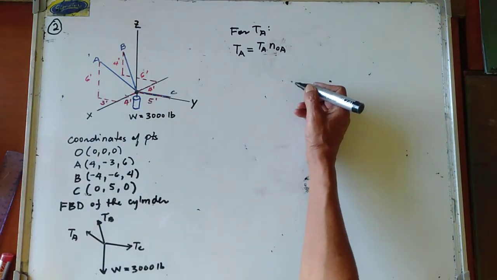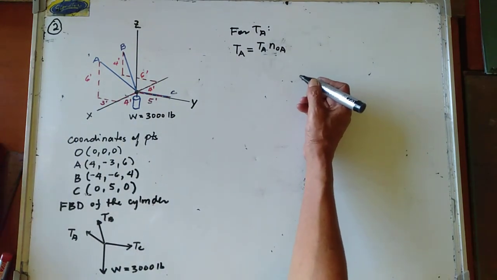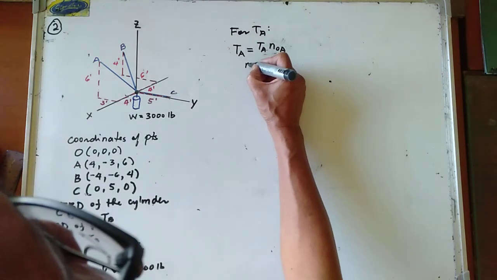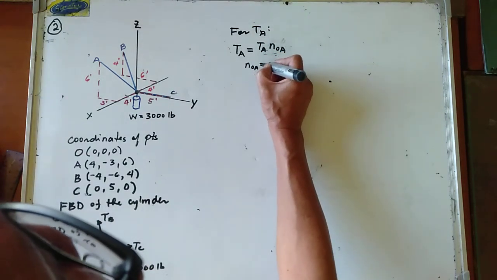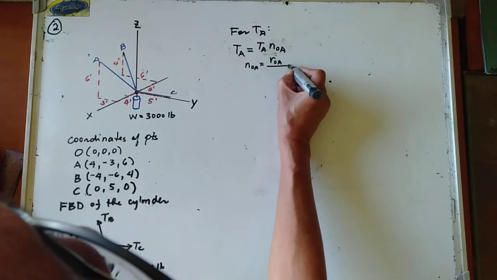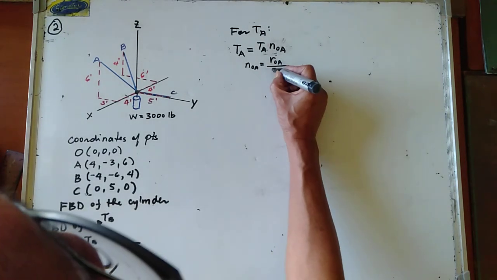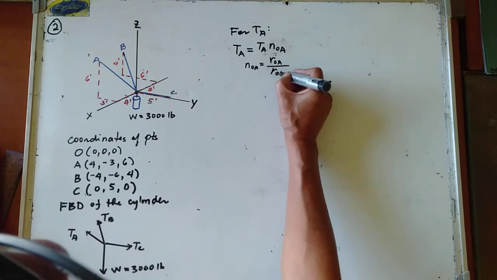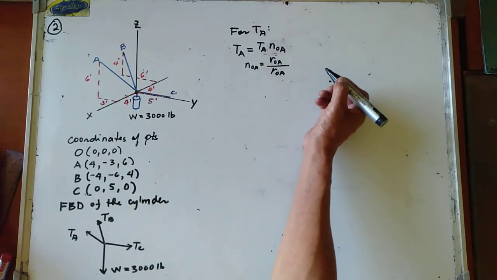So again, your unit vector is equal to a position vector all over the magnitude of this position vector.